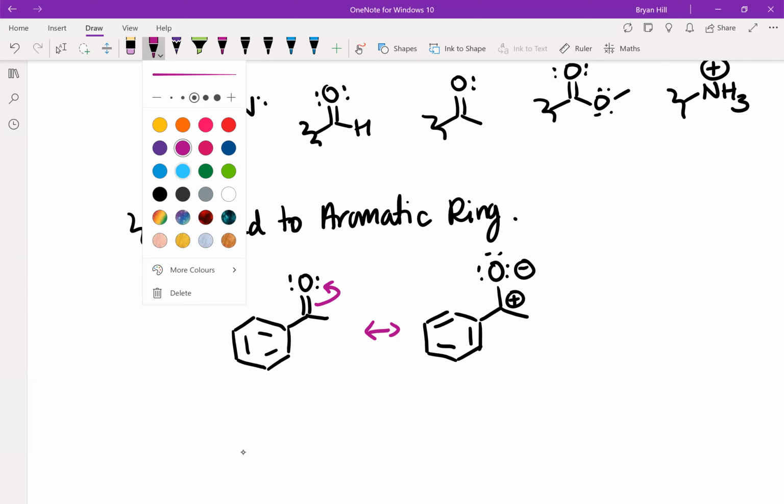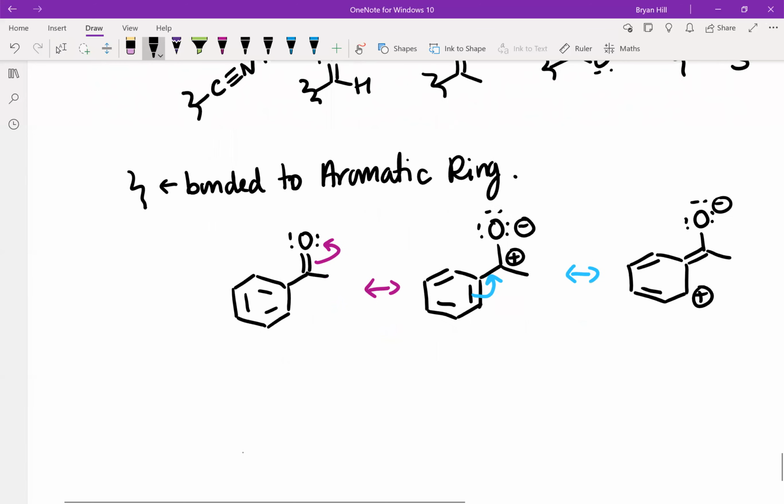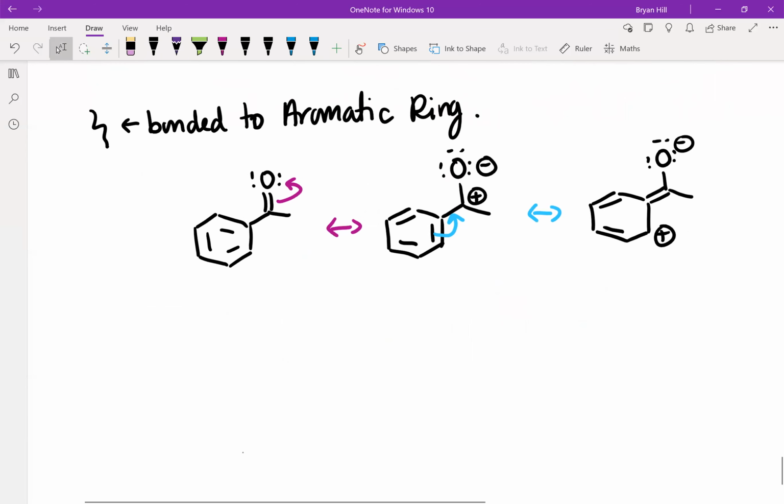Then we've got basically a positive charge, allylic to a double bond, so we could move those electrons there. And then we've got positive charge on the ring. And we can actually move this positive charge all around the ring.